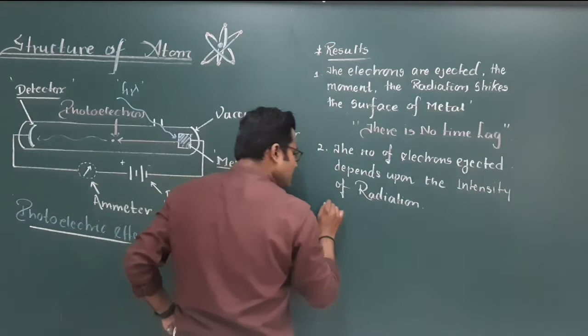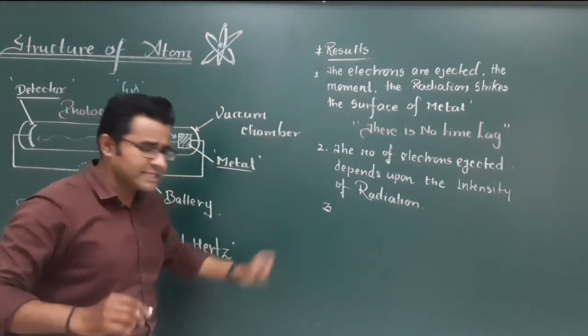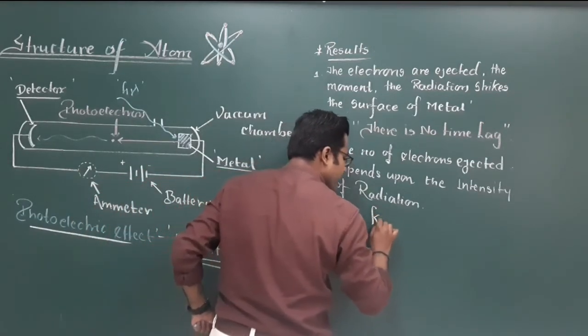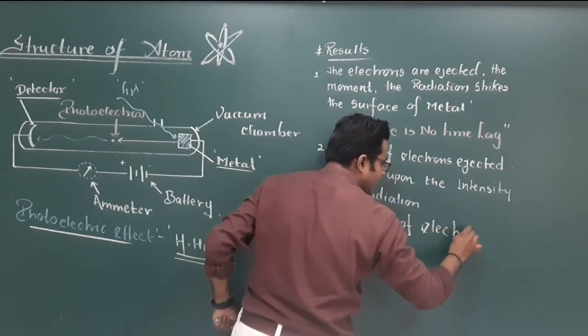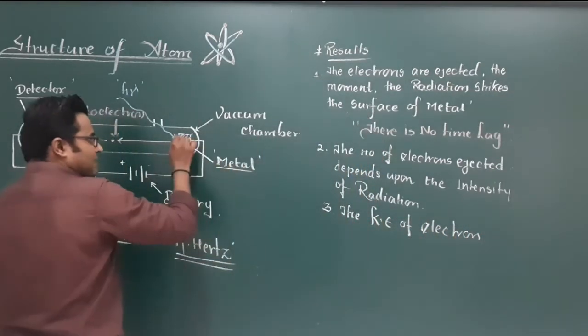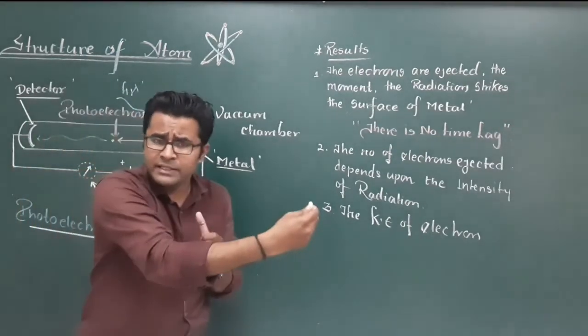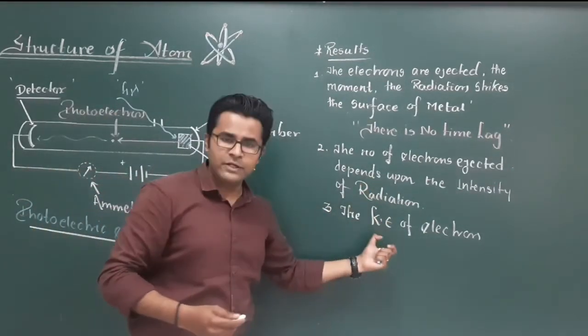Correct? So the third result we are going to focus on is that the kinetic energy of the electron, of course the electron is coming out, that means this electron has a certain amount of velocity with it. That is, it is going out with a certain amount of kinetic energy.